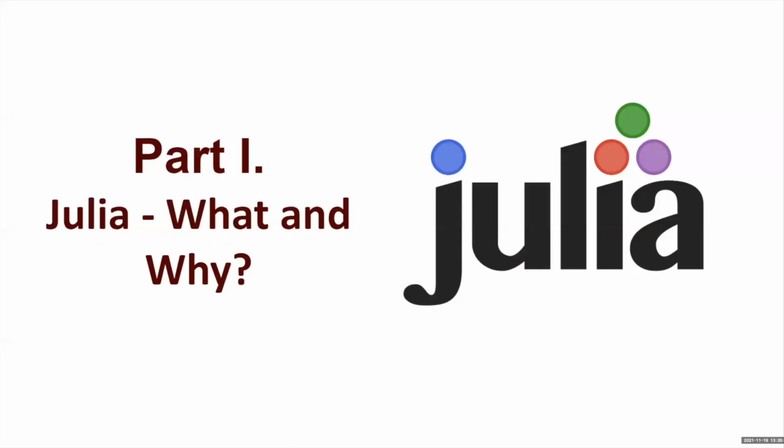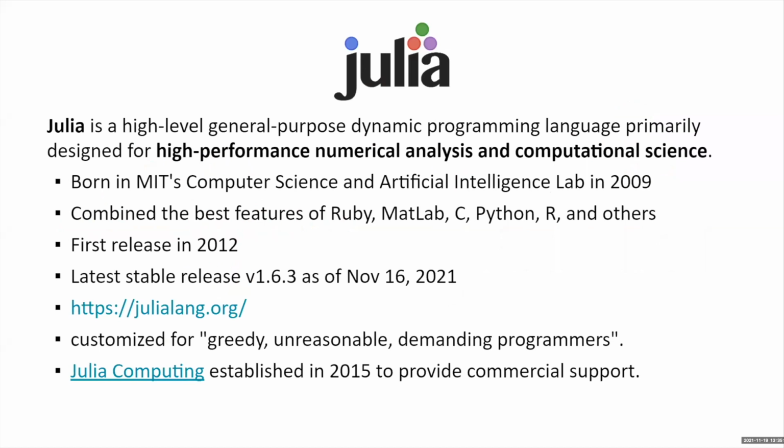We have multiple parts, and in part one, I'll talk about what Julia is and why we want to use Julia. First, Julia started as a teaching language for one of the professors at MIT to teach programming and parallel programming courses, mostly computer science courses. Gradually people got interested and started working on the compiler, the runtime, and the libraries to make Julia run faster.